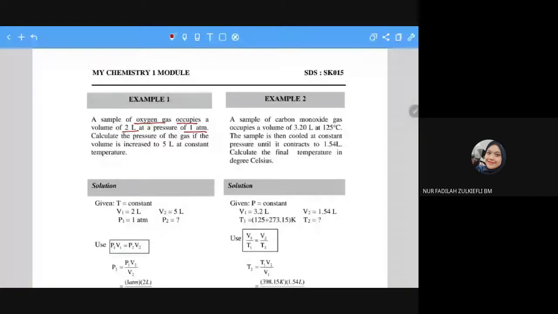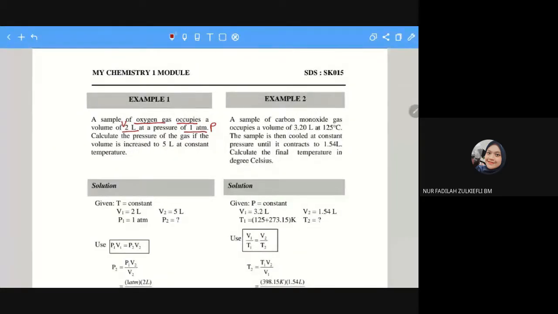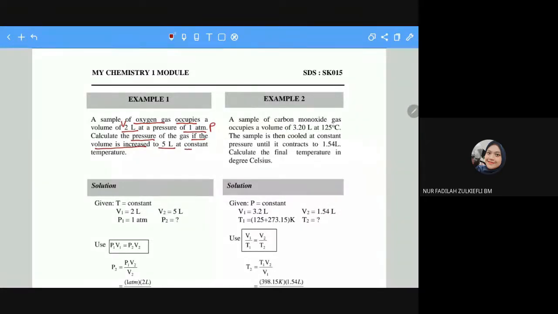Okay, so this is volume, V, ini adalah pressure. Okay, fine. So what is the real question? Dia kata calculate the new pressure of the gas if the volume is increased to 5 liter, at constant temperature.